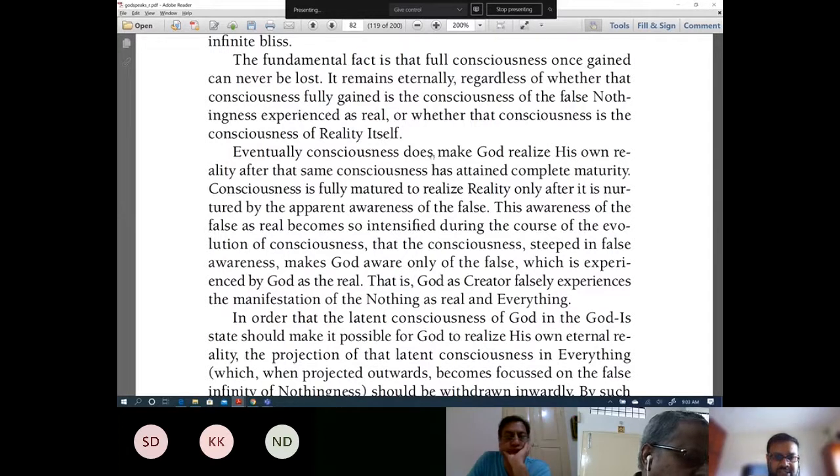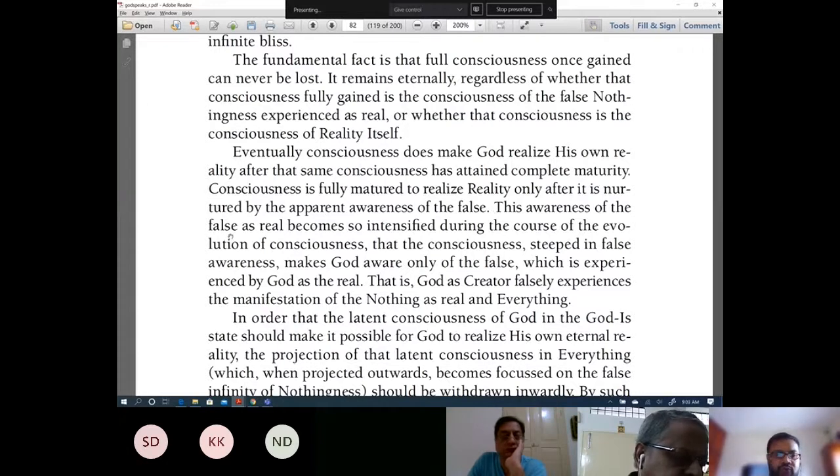Eventually, consciousness does make God realize his own reality after that same consciousness has attained complete maturity. Consciousness is fully matured to realize reality only after it is nurtured by the apparent awareness of the false.